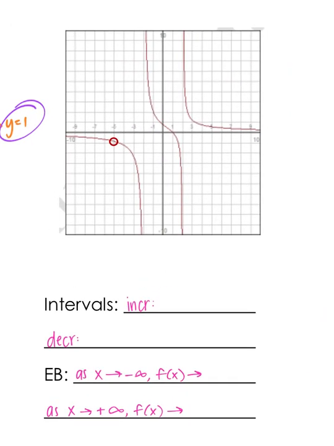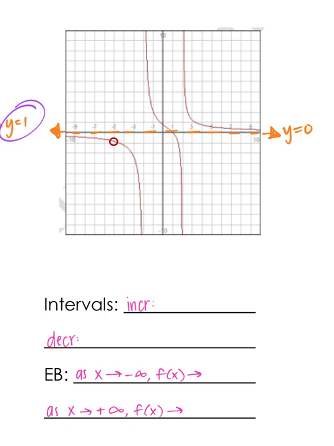All right, last example. So horizontal asymptote. That's at y equals 0.